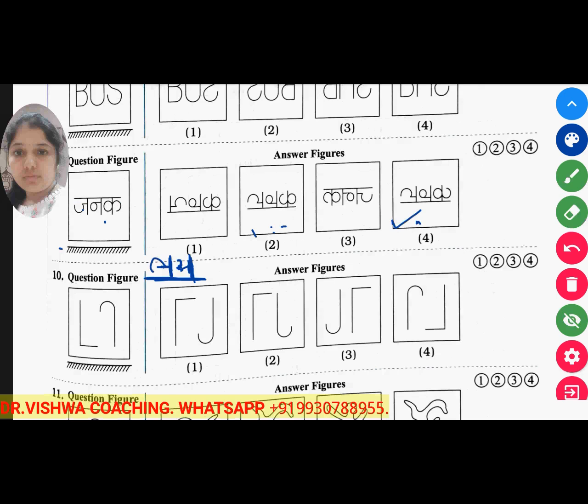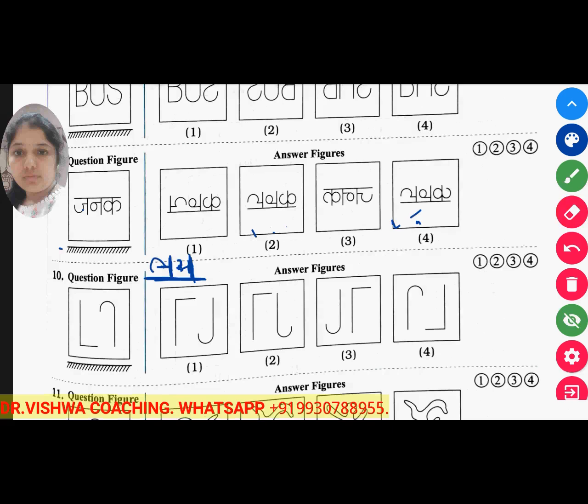Now if you look carefully, this half semicircle of ka is completely joined, and this is incompletely joined to the standing line. In this option, this will remain at the left end. In this option, this completely joined semicircle is on the right side. So option number 4 is your correct option here.